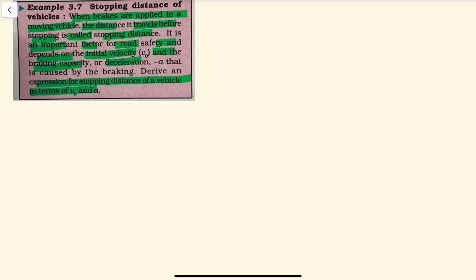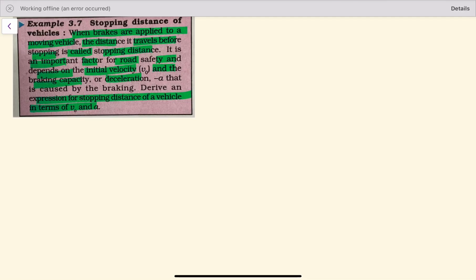How to do that? Of course, a car or vehicle is moving in the x direction. So this is a road and this is a car, which is moving with initial velocity v0.